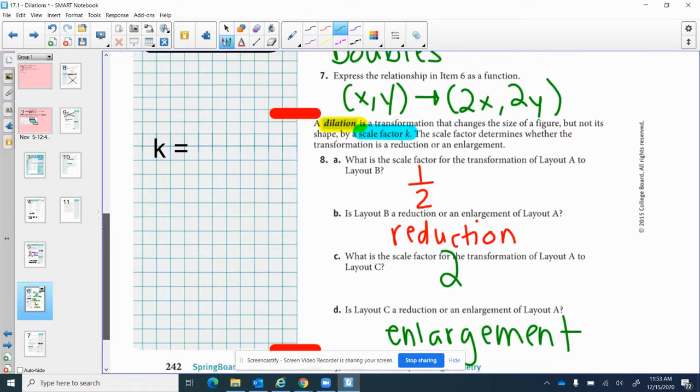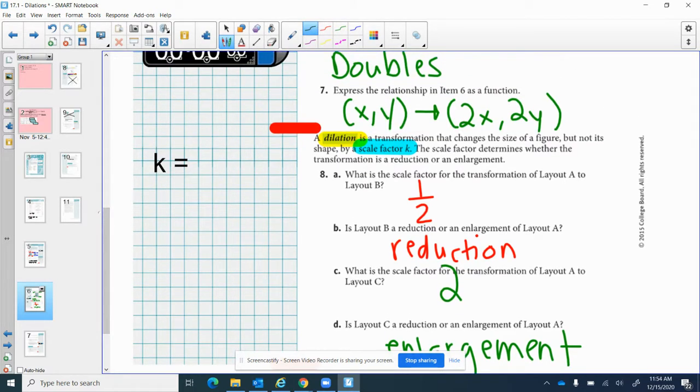Now, in general, your scale factor is the image value divided by the pre-image value. So your final image divided by what it was originally. Something very important that you want to write down, because this is going to help you find the scale factor if it isn't easy to look at, like it would be with just a 1/2 or times 2 reduction or enlargement.